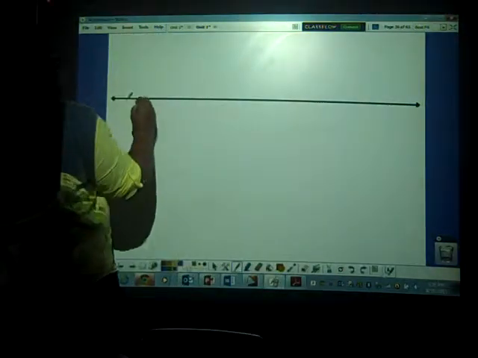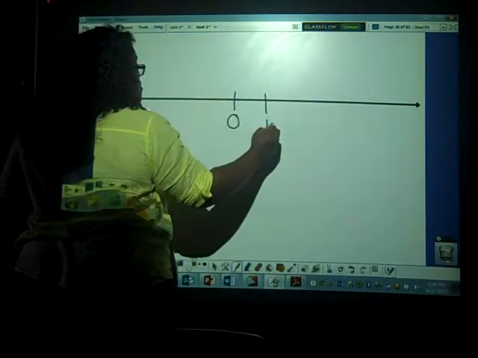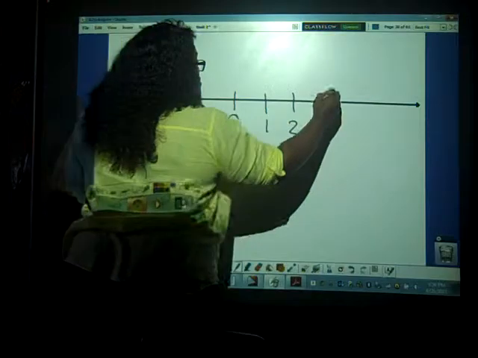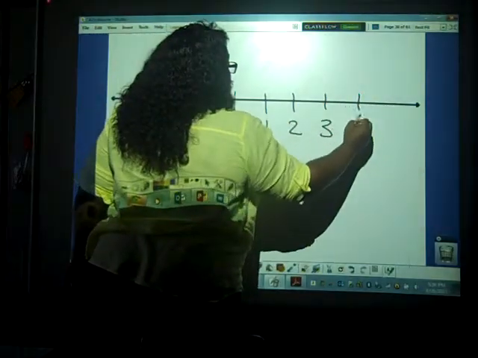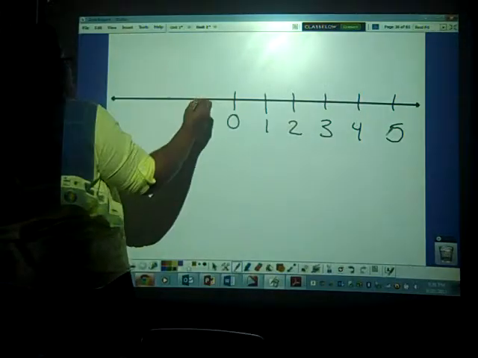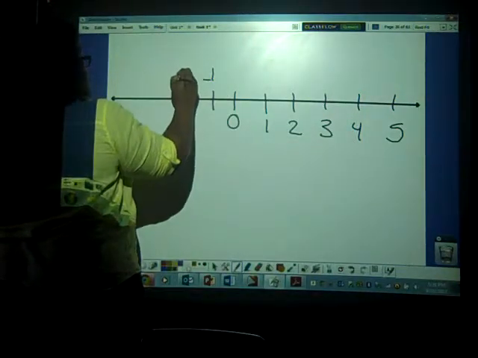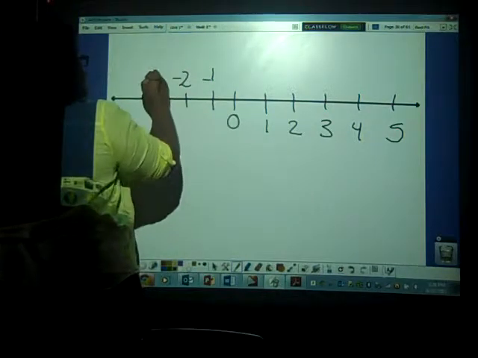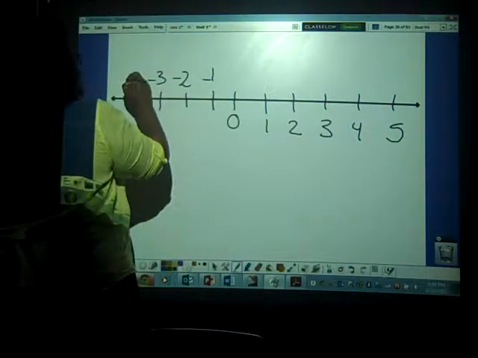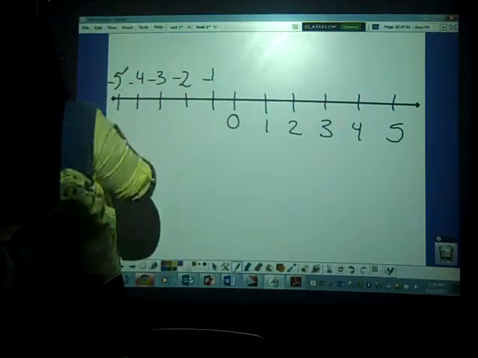You have 0, 1, 2, 3, 4, 5. Now going to the left, it becomes -1, -2, -3, -4, -5. Okay?